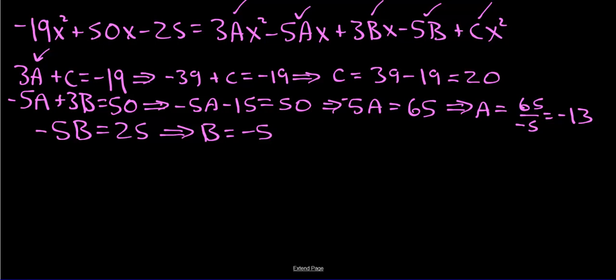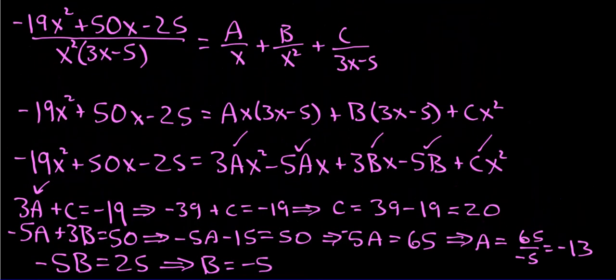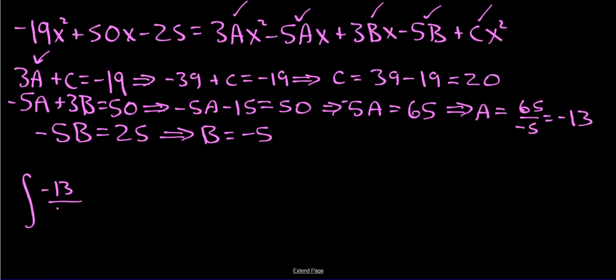So let's see what our integral is now. Our integral is going to be, what do we have? We had a, which is negative 13, over x. And then b is negative 5, so negative 5 over x squared.